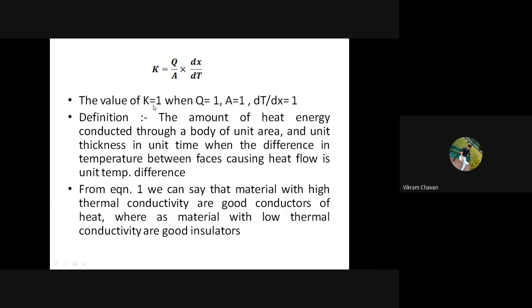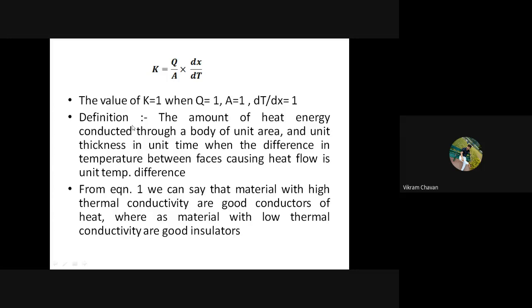The value of K is equal to 1 when Q is equal to 1, A is equal to 1, dT divided by dx is equal to 1.